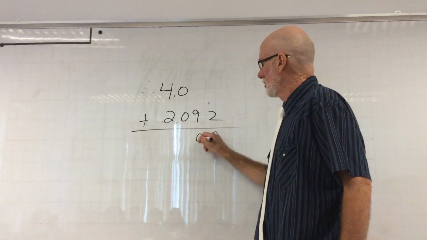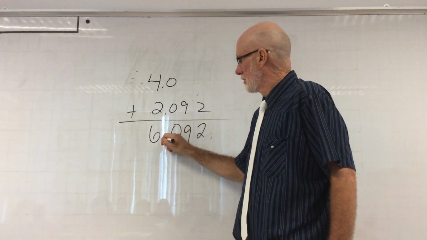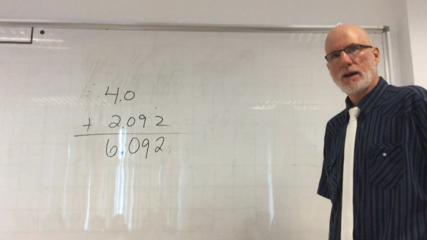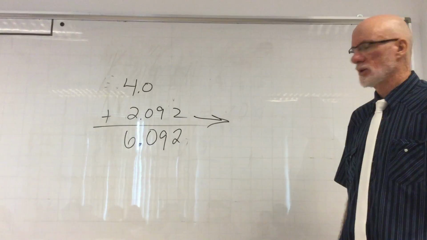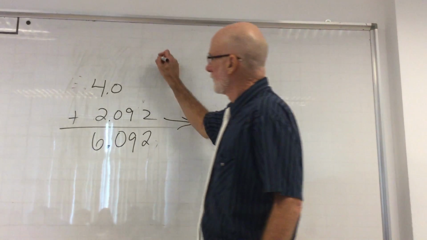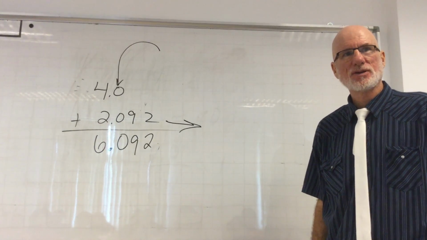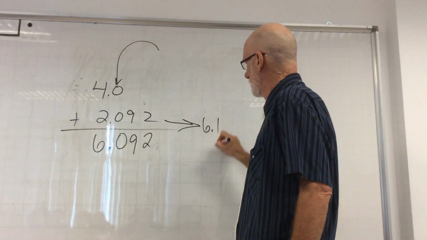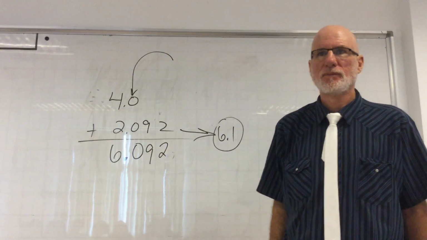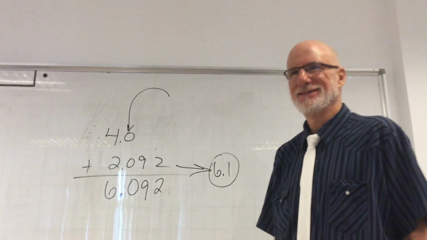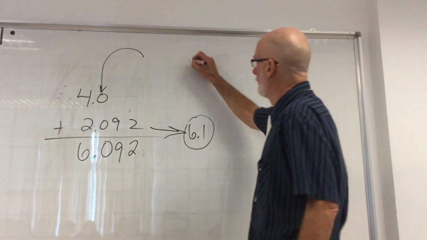It's going to be 2.9 plus 0.6 plus... right? Now, what's my answer? That's the 1, so it has to be rounded to the tenths place. What's the answer? 6.1. If you put 6.092, you're wrong. Exactly. It's a little harsh, but okay. You get it? How about this one?